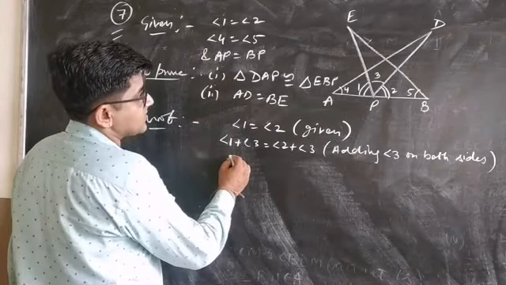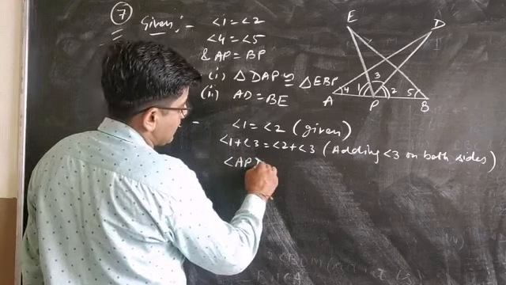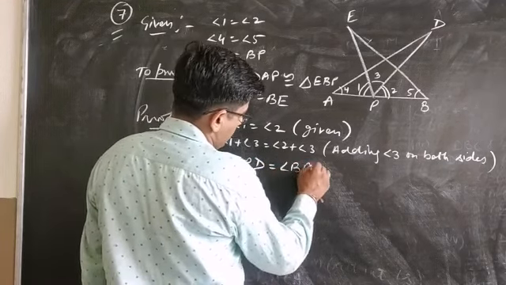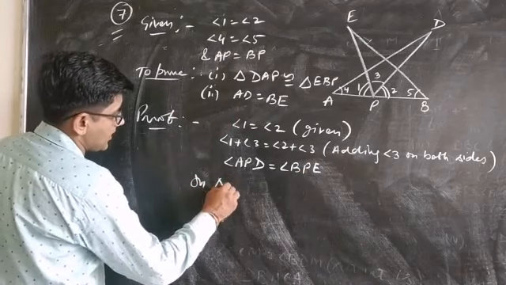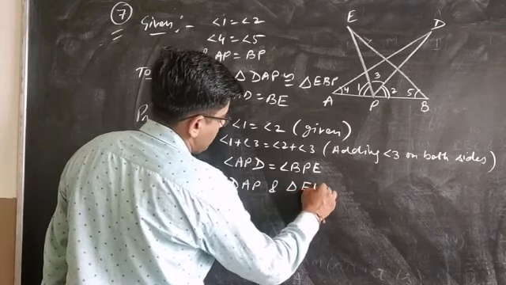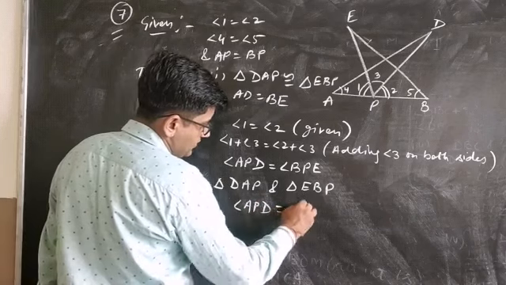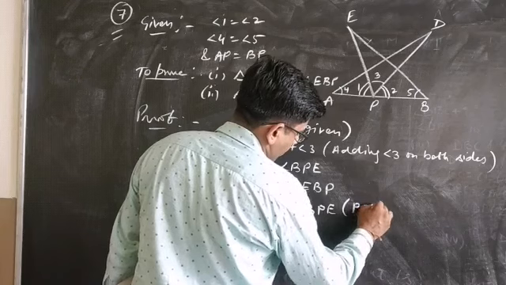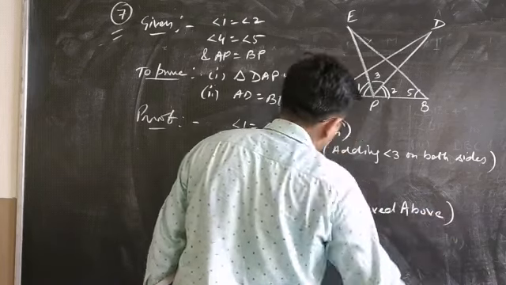So 1 plus 3 will become angle APD, and 2 plus 3 will become angle BPE. So for the first part, in triangle DAP and triangle EBP, first of all angle APD is equal to angle BPE, that is proved above. We have proved above.